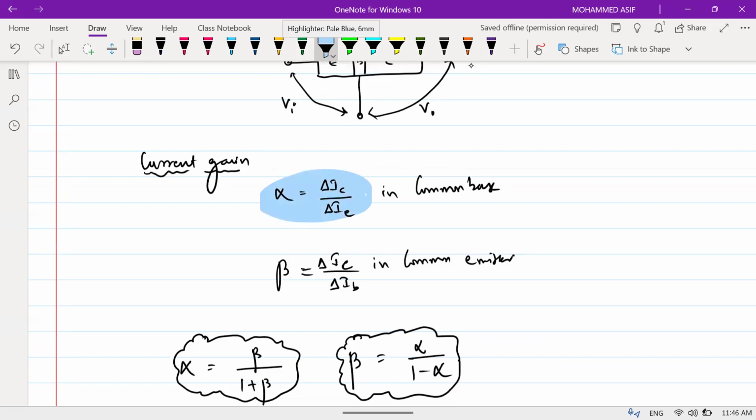Again, alpha is collector current divided by emitter current, beta is collector current divided by base current. Alpha is equal to beta divided by 1 plus beta. Beta is equal to alpha divided by 1 minus alpha. Clear, beta?